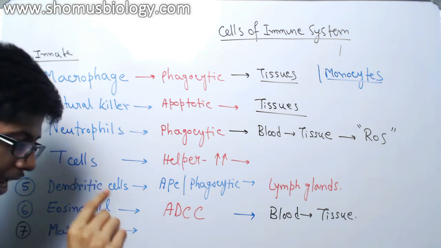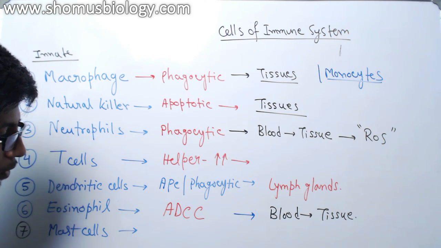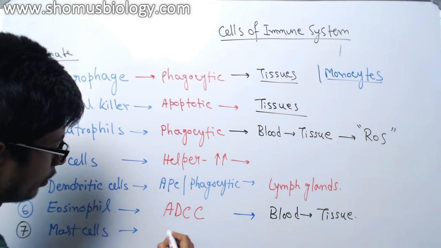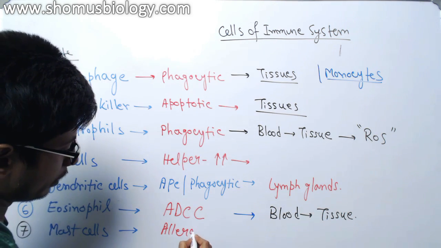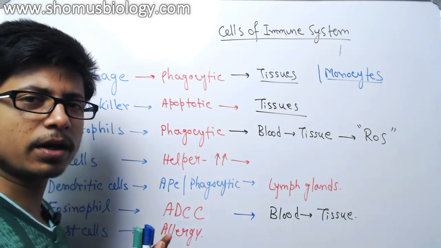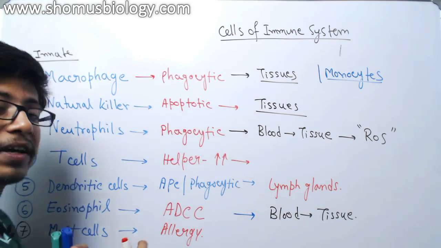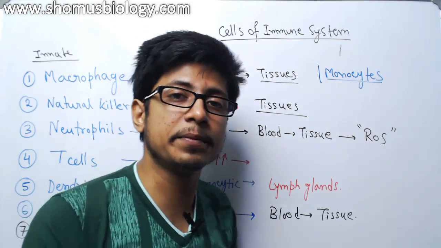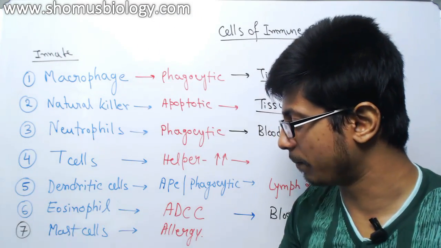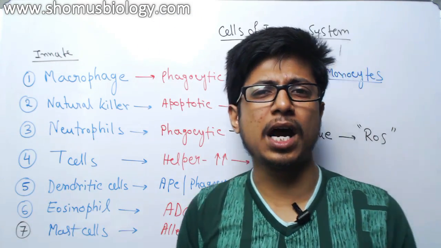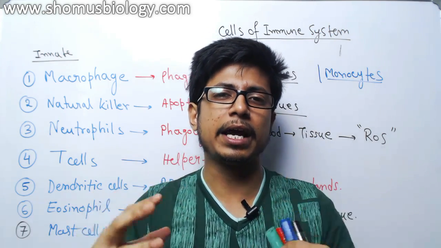And mast cells have an important role in the process known as allergy. All those allergic symptoms we talk about are due to the secretion of histamine and other allergens released from the mast cells, because mast cells are hugely enzyme-filled cells.